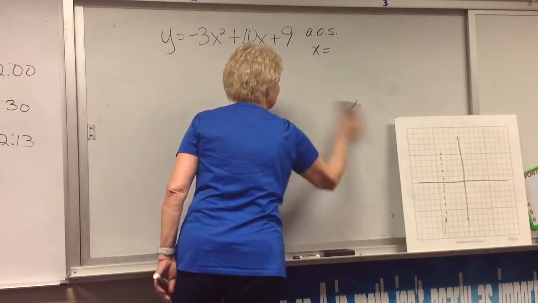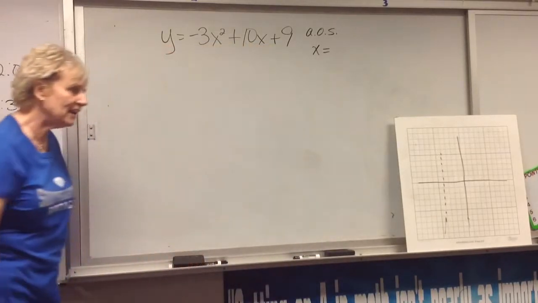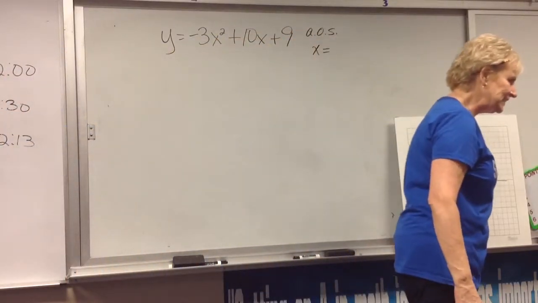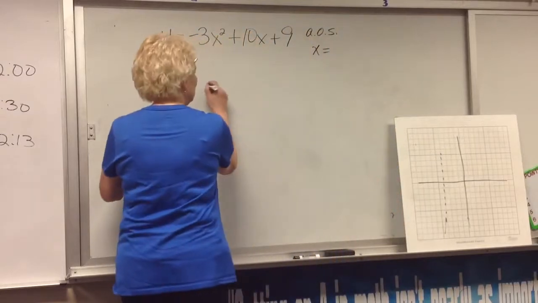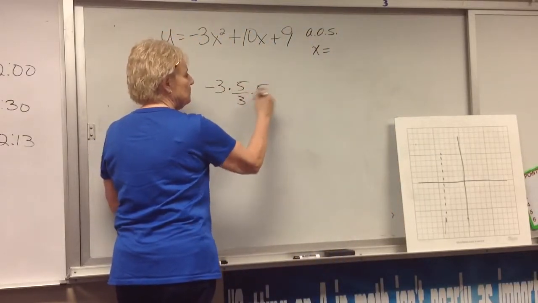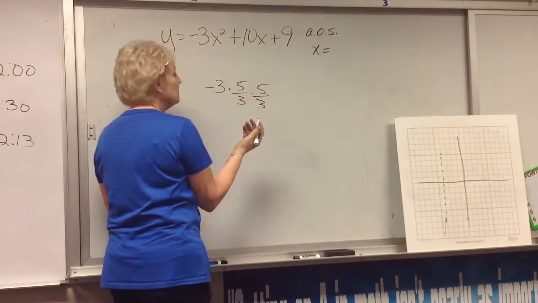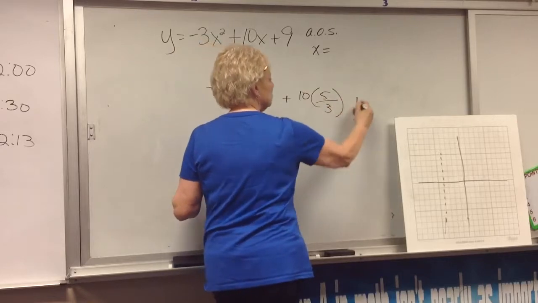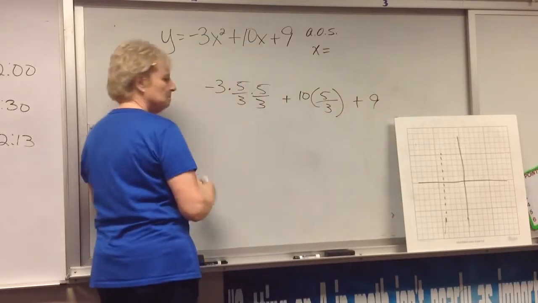These parabolas aren't floating around exactly where you want them to be. So you did negative 3 times 5/3 times 5/3, plus 10 times 5/3 plus 9. What'd you get?